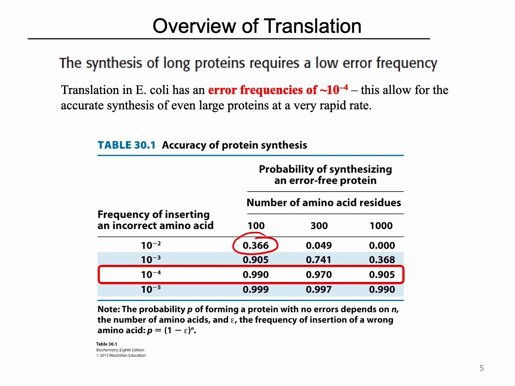When we get down to 10 to the minus fourth, we have about a 99% chance of getting it right. And if we were to get to 10 to the minus fifth, essentially zero errors would be incorporated, even in a 1,000 amino acid protein. So this idea of error frequency is important. And in all organisms, the process of translation has evolved in a way that minimizes errors.